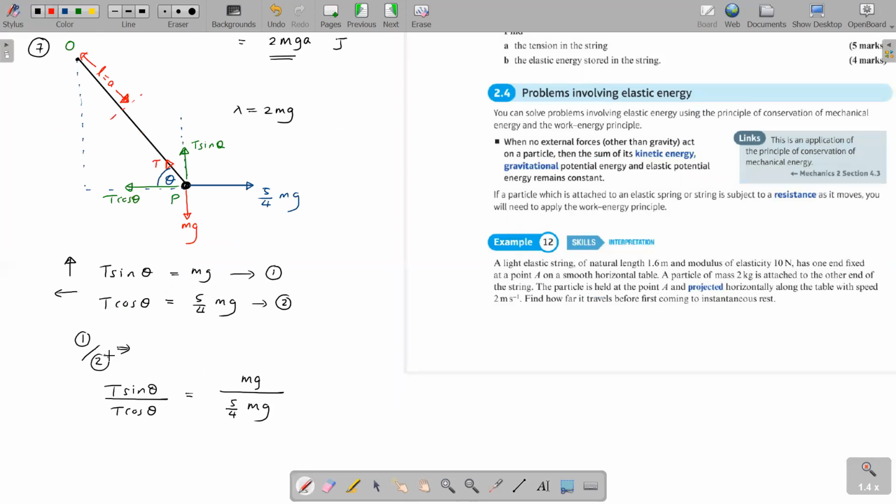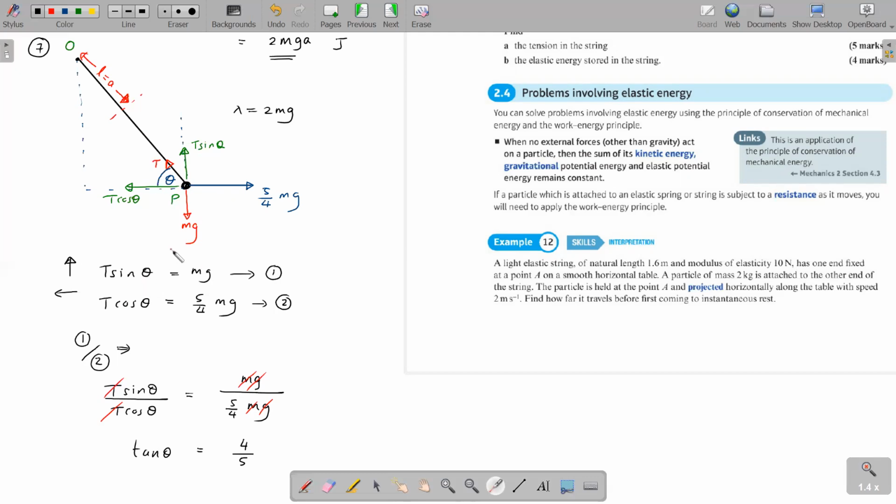So you can see here T cancels out, mg cancels out. Sine theta over cos theta is tan theta. 1 divided by 5 over 4 is 4 over 5. So I have the tan theta ratio, which means I actually have the theta value.